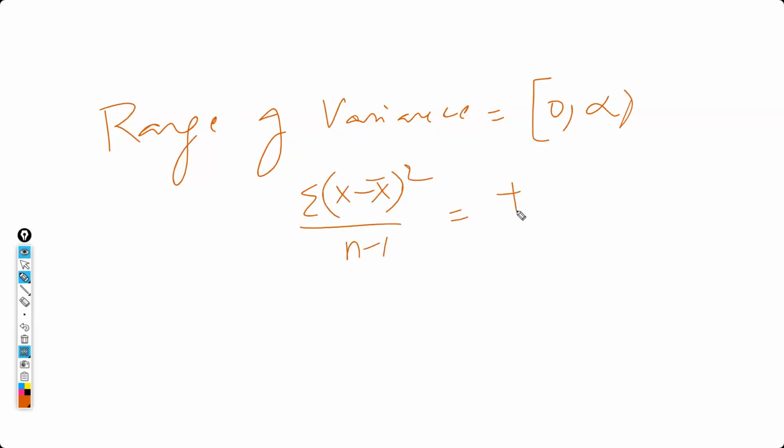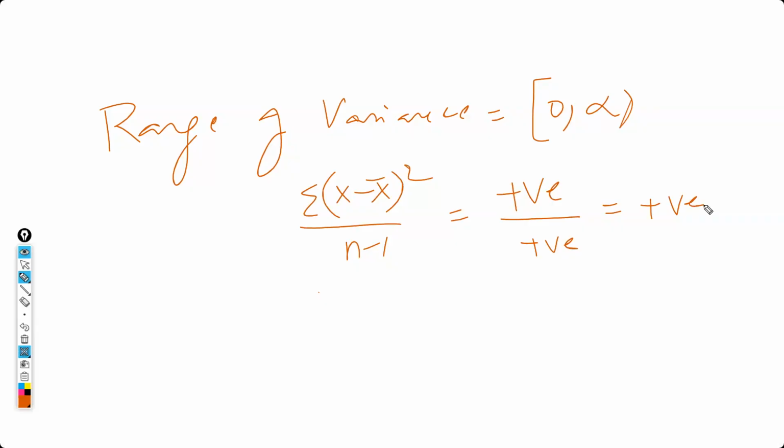The numerator can never be negative and the denominator can also never be negative because count is always positive only. So automatically this is going to be a positive number. Obviously the variance range is 0 to infinity.